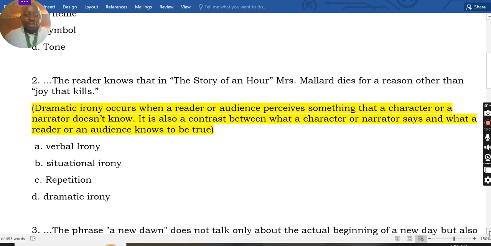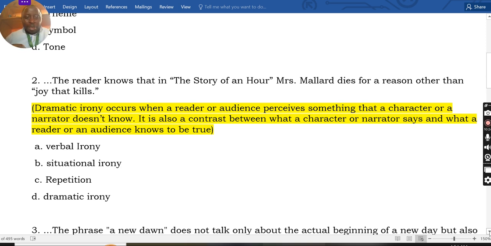It is also a contrast between what a character or narrator says and what a reader or an audience knows to be true. So you have to know this. There is the reader, there is the audience, even there is just the narrator.